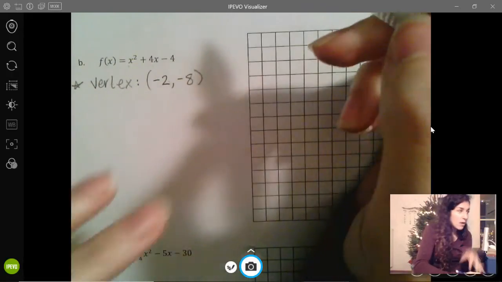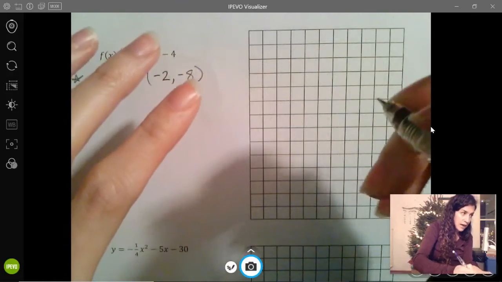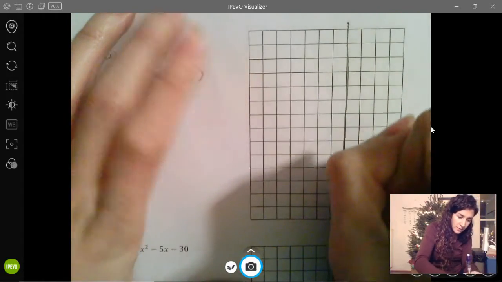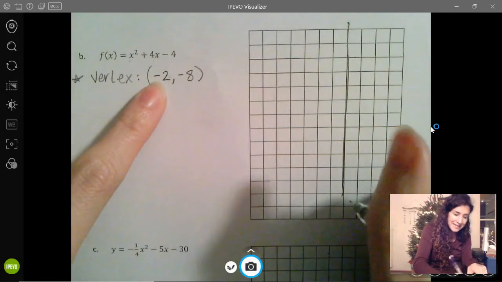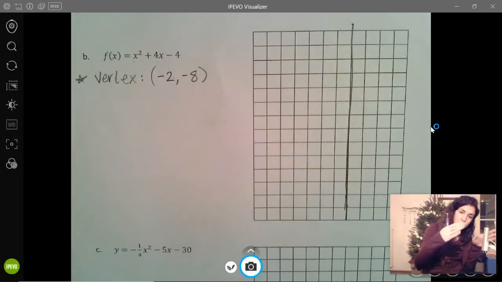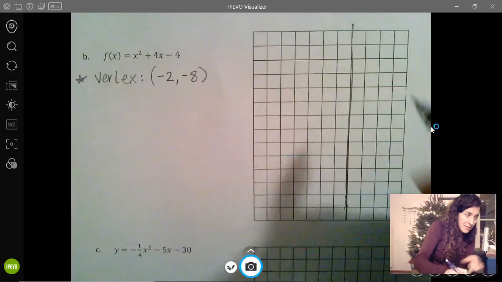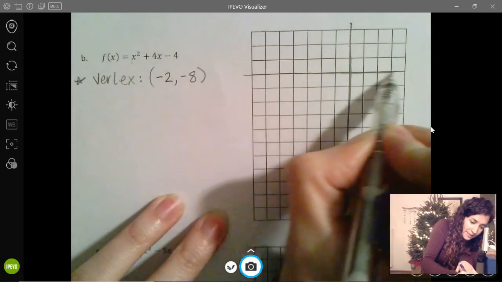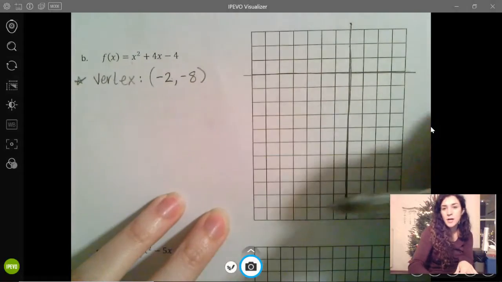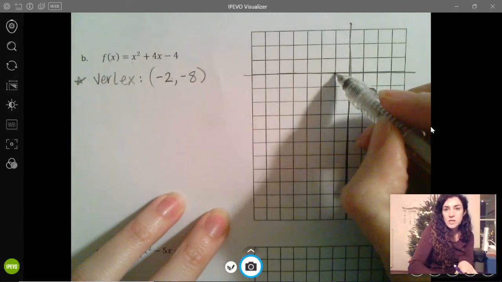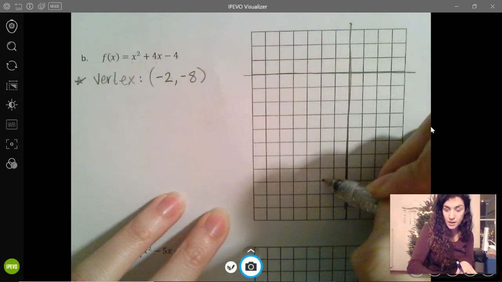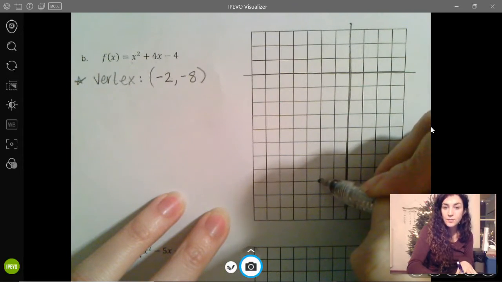So now I'm going to graph this. I'm going to put my y-axis about right here because I know that I'm going to be at -2, so I'm going to be a little bit shifted to the side. -8 means I'm really way down there. So I'm going to put my x-axis up here to be able to account for movement. So then -2, 6, 8.